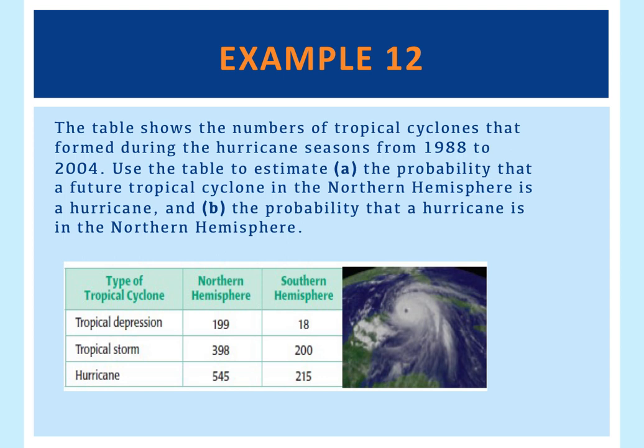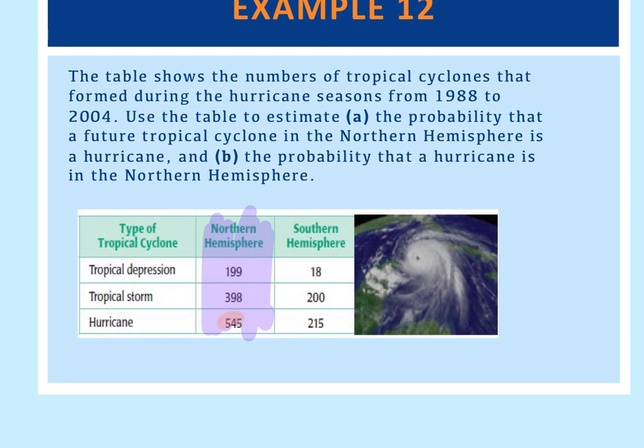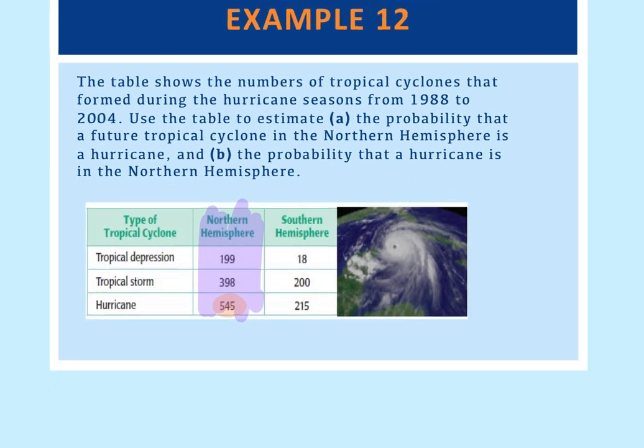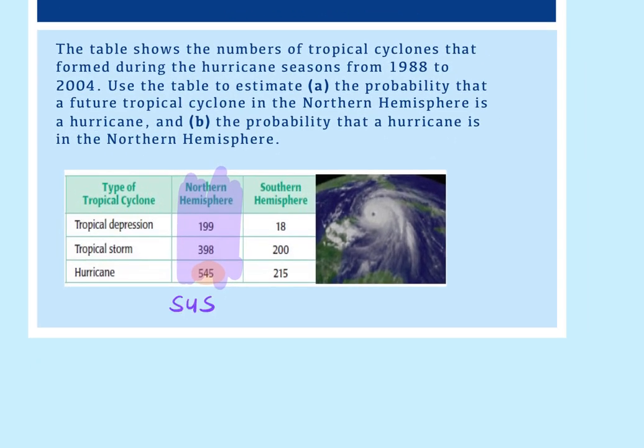So tropical cyclone in the northern hemisphere is this column here, and that it is a hurricane is the 545. So 545 would be put over the sum of 199, 398, and 545.